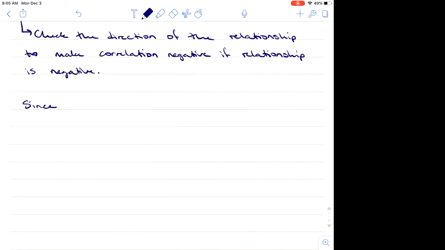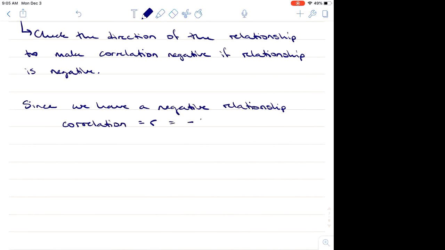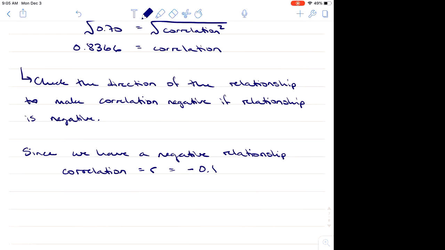So you would say something like, since we have a negative relationship, the correlation, which is R, is negative 0.8366. So that's how you would find your correlation.